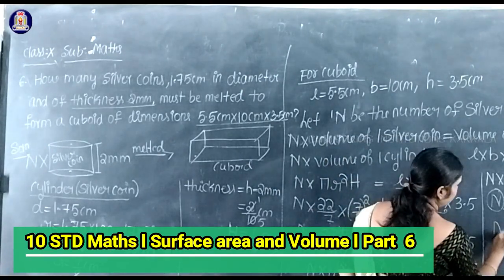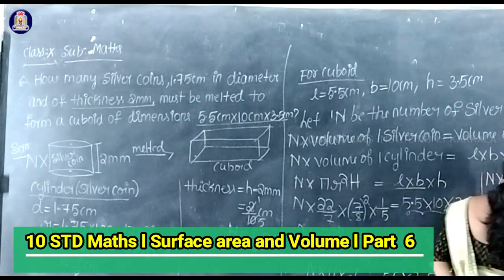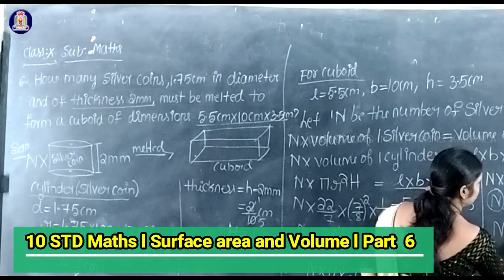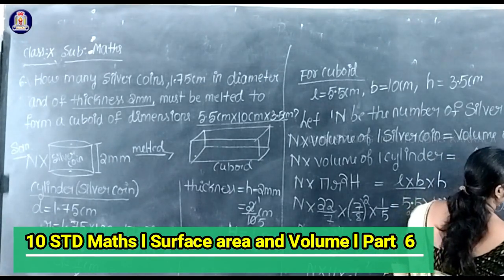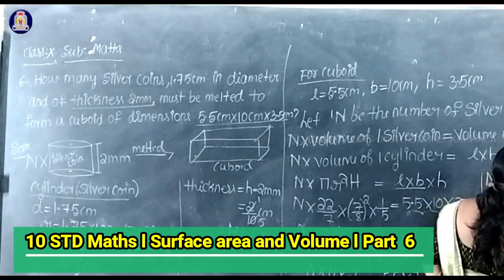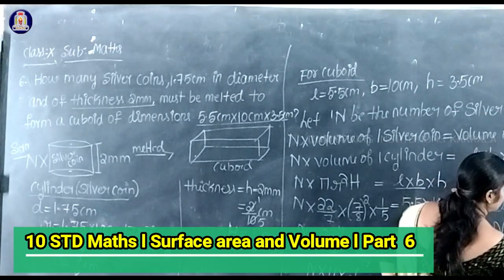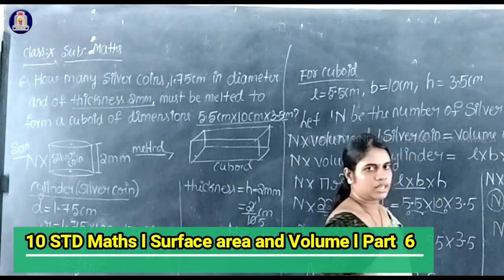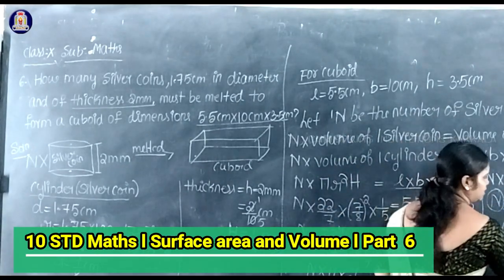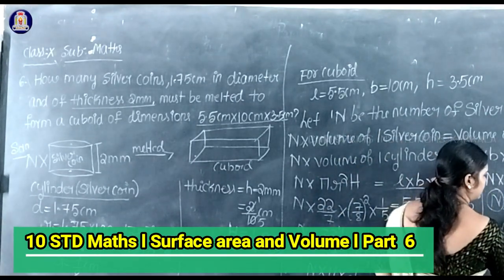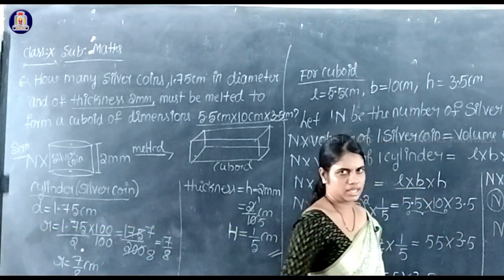So n is equal to, first I'll write the right hand side term, 55 into 3.5 into 32 into 5 by 77. Okay, yes. See, 11 7s are 77, 11 5s are 55, isn't it?